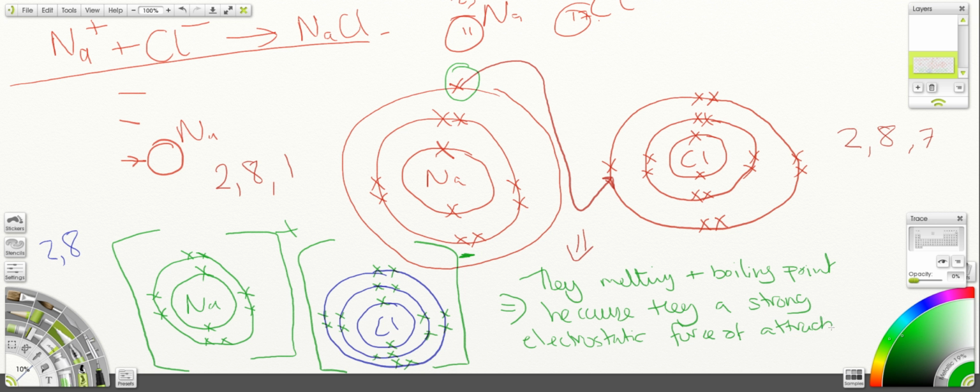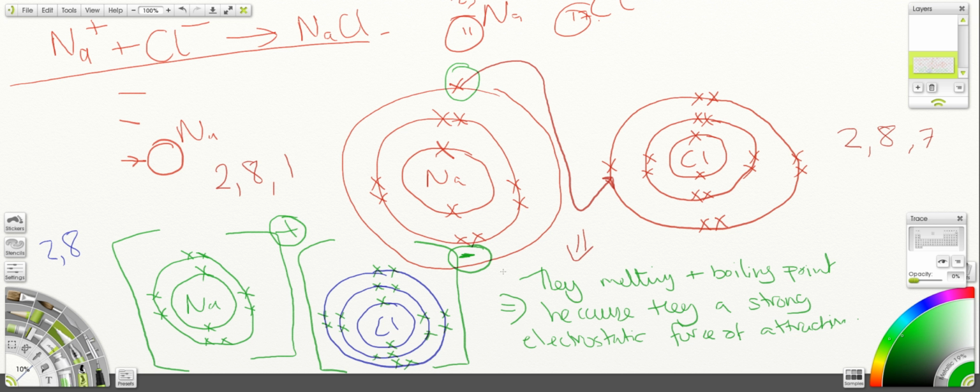And basically, in simple terms, what that means is that this has got a really strong bond, because the negative and the positive join together to form an attractive force, which is difficult to break. And so that's why it has a high melting and boiling point. Okay, and that concludes, I believe, ionic bonding.